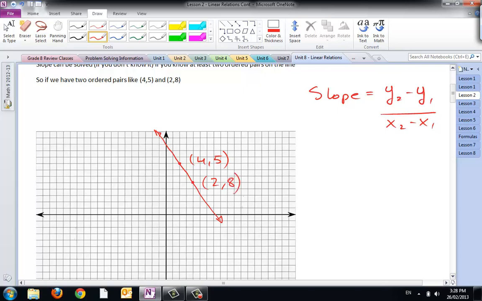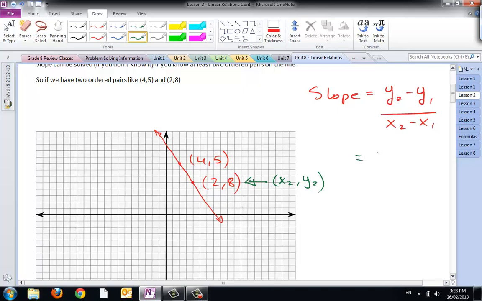So if I write down those ordered pairs there, I'm going to look at these things and decide for myself, I'm going to make this guy right here the x2, y2 ordered pair. And I'm doing that primarily because this y value of 8 is larger than the y value of 5 in the other ordered pair.